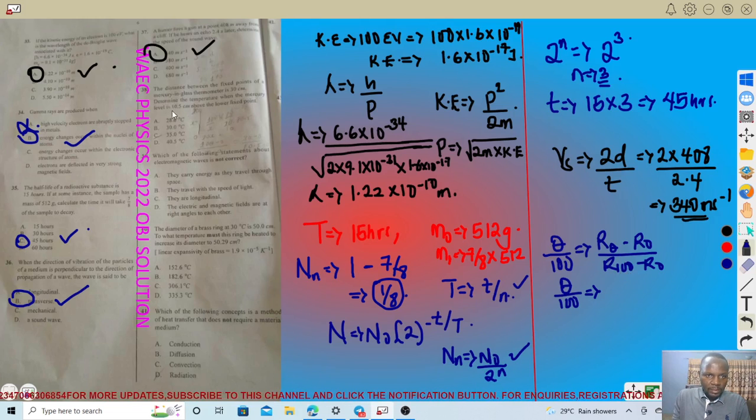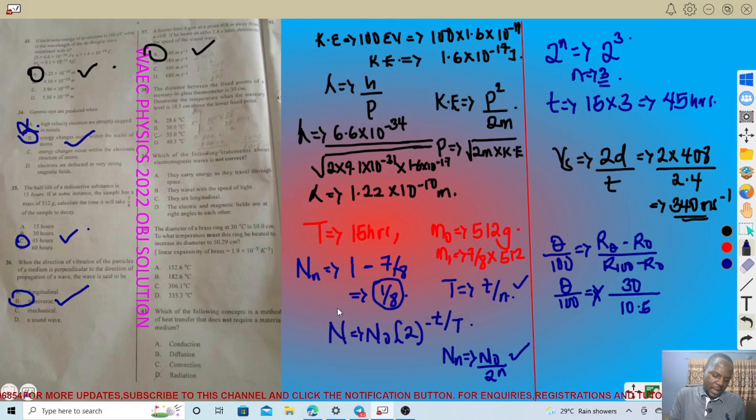Determine the temperature when the mercury level is 10.5 above the lower fixed point. So this is 10.5, and the distance between the fixed points of the mercury-in-glass thermometer is 30. This is 30, so we can just cross multiply and get our answer.